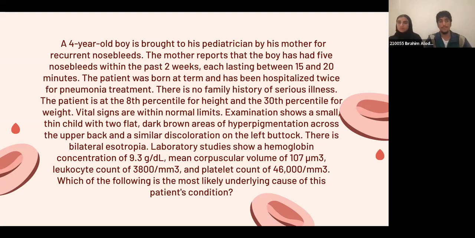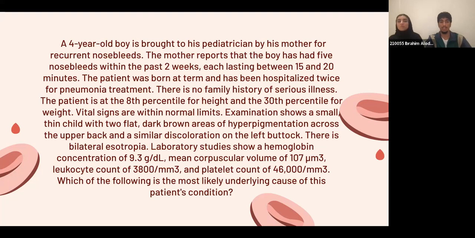A 4-year-old boy is brought to his pediatrician by his mother for recurrent nosebleeds, and the mother reported the boy has had 5 nosebleeds within the past 2 weeks, each lasting between 15 and 20 minutes. The patient was born at term and has been hospitalized twice for pneumonia treatment. There is no family history of serious illnesses. The patient is at the 8th percentile for height and the 30th percentile for weight. Vital signs are within normal limits.